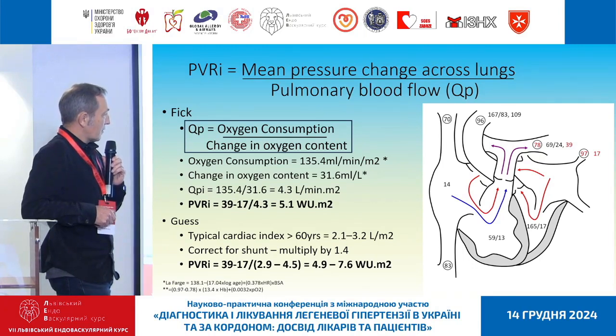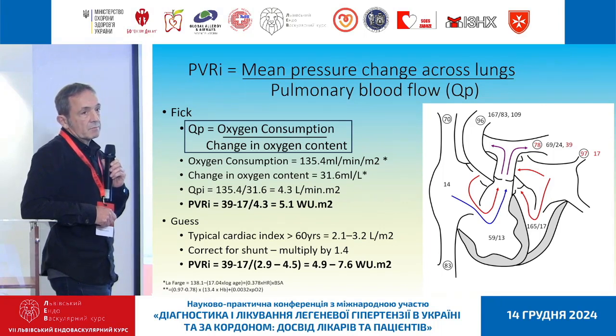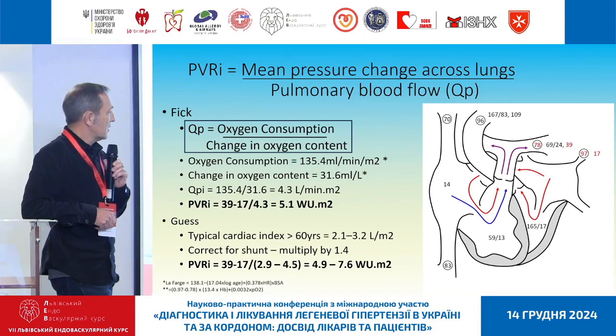So this is the calculation using the Lafarge measurement of oxygen uptake, and if you take the Lafarge measurement of oxygen consumption, then you end up with an indexed pulmonary vascular resistance of up at 5.1. If, on the other hand, you guess it based on the average cardiac output of a patient of this age, you get a range which encompasses that, and that's probably as accurate as anything else.